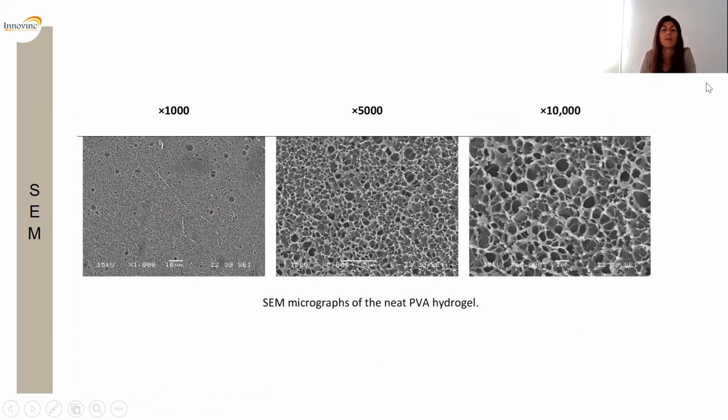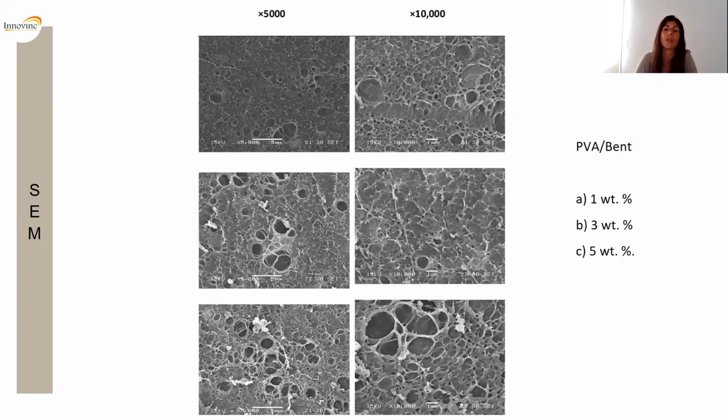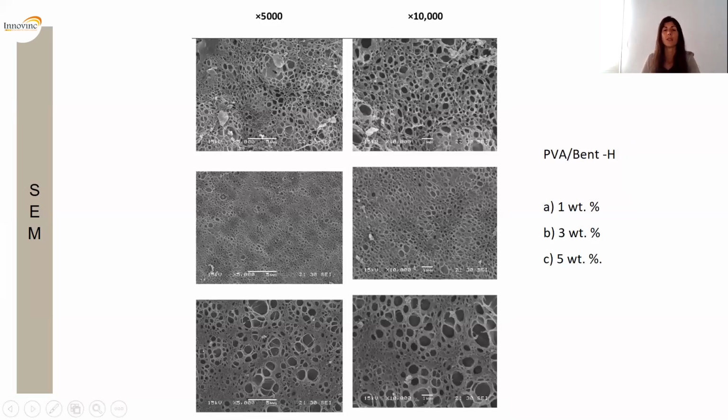Then we saw the pores, the morphology of the different hydrogels through the analysis of SEM micrographs. In here we have a neat PVA hydrogel having a very porous structure. Then in here we have the bentonite containing materials. We can see that we have larger pores, but they are not well distributed. In here we have the acid-treated bentonite containing materials.